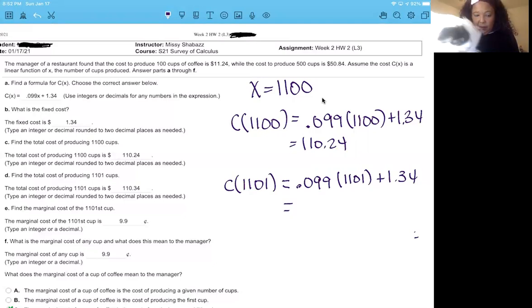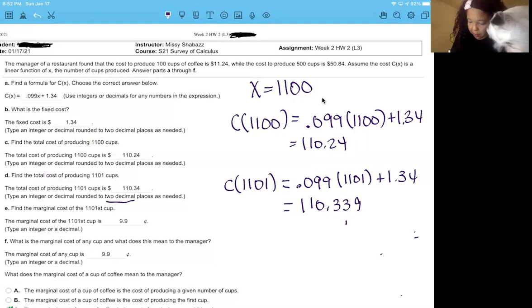And I'm getting 110.339. They tell us to round to 2 decimal places. So that would be this decimal place right here. So I should get 110.34.